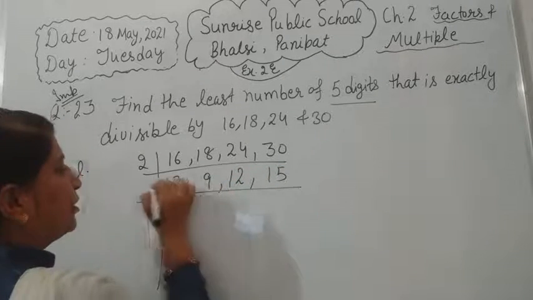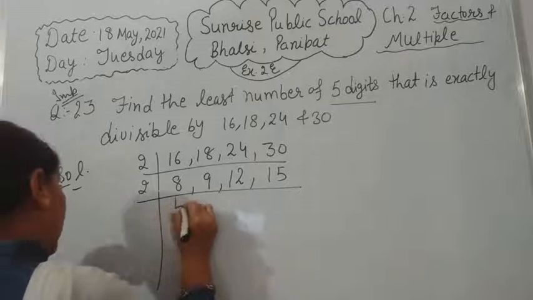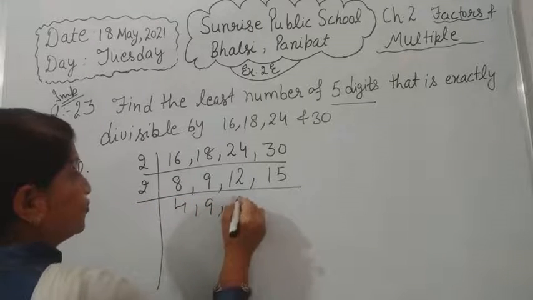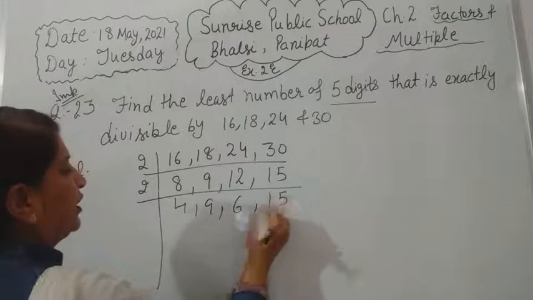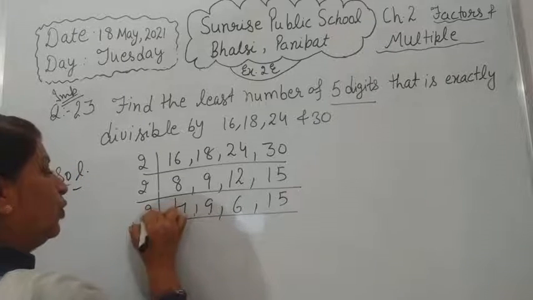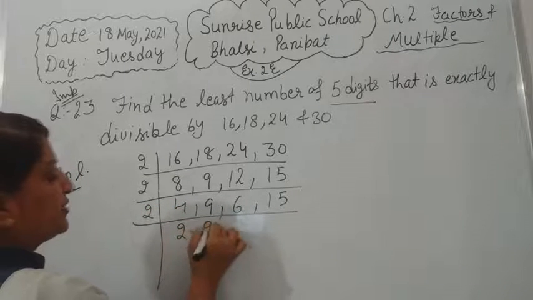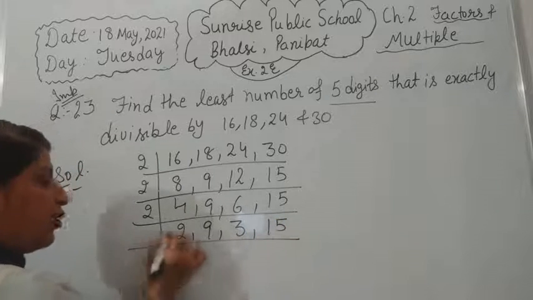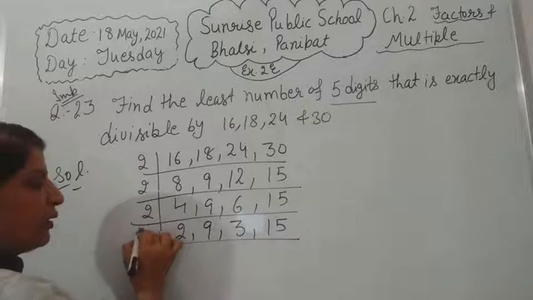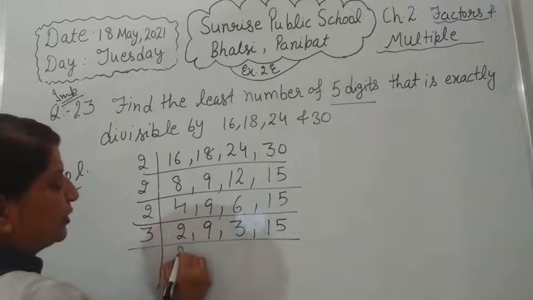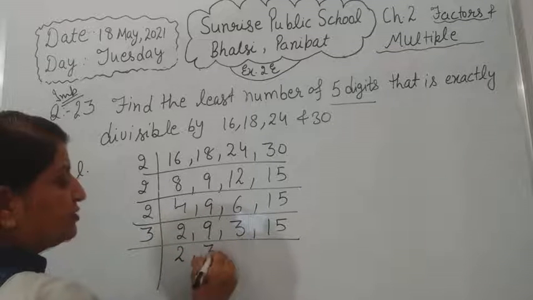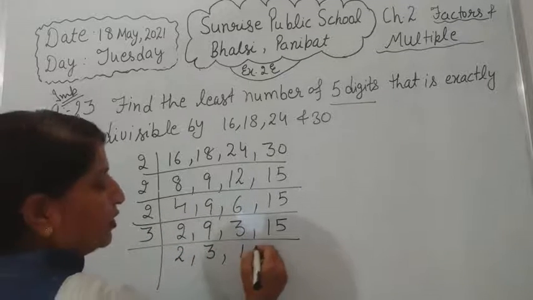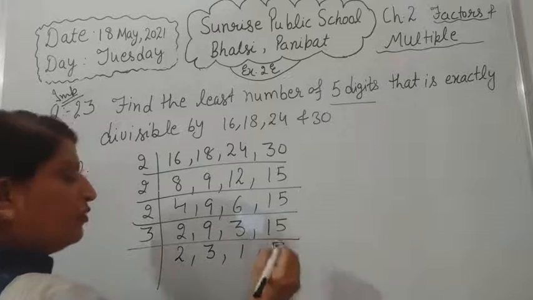Now again this number is divisible by 2. 2 4s are 8, 9 as it is, 2 6s are 12 and 15. Again by 2. 2 2s are 4, 9 as it is, 2 3s are 6 and 15 as it is. Now here 2 is only one time, so we start to divide the number by 3. 3 3s are 9, 3 3s are 1, 3 1s are 3 and 3 5s are 15.